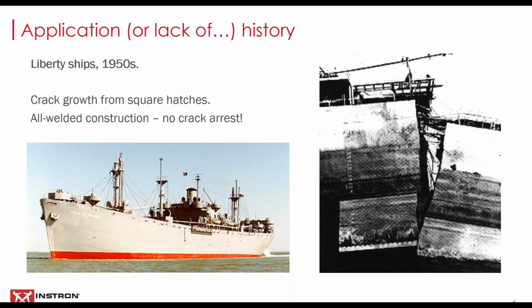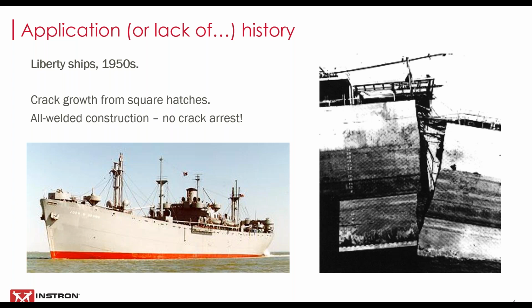Getting a bit more serious, just post-Second World War, some people may have heard of the Liberty ships. They were a fantastic new design, all welded construction. So doing away with the slower and heavier, more labor-intensive approach of riveting everything. What this means is that your metal hull of the boat is effectively one single piece of metal.